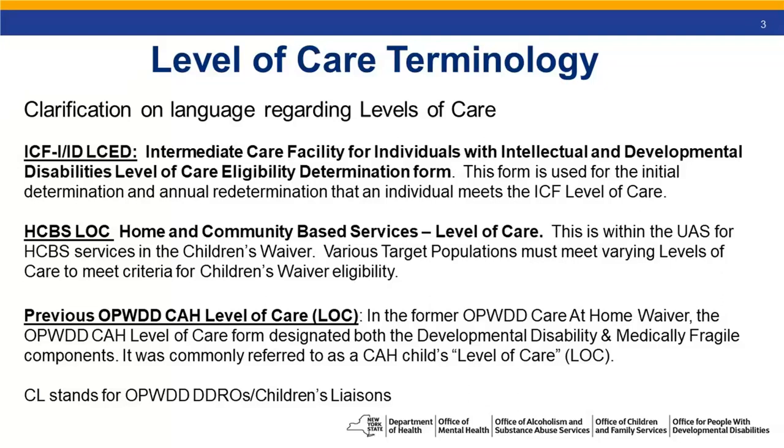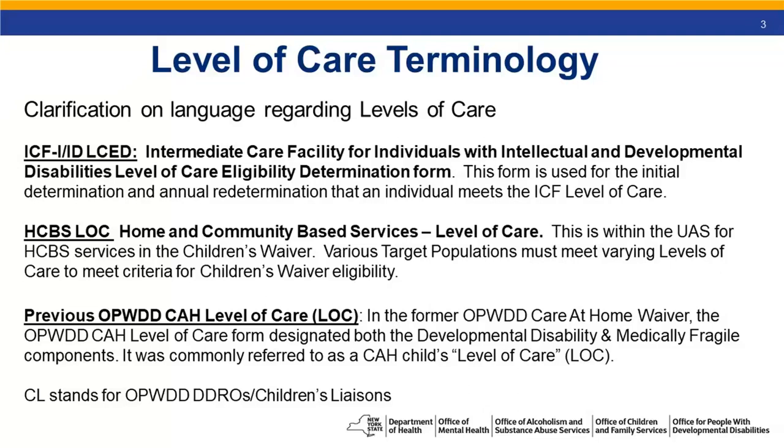So you need to meet OPWDD's eligibility and their level of care to even go through the target population. And then there are steps for the risk factors and for the functional criteria. So it's important that throughout the slides, when that is mentioned, we're talking about the OPWDD process to make someone meet their level of care determination.